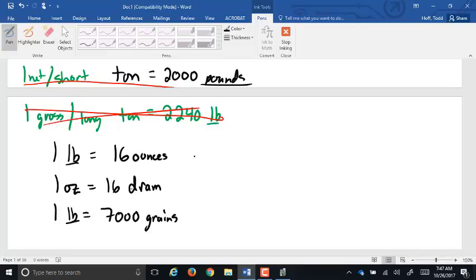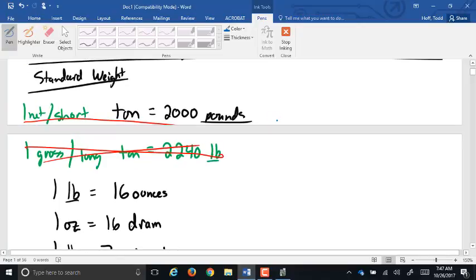Now, a little side note here. Because you hear it all the time on the radio or news, gold has hit $1,700 an ounce. Well, they're not talking about these ounces. We had talked about how King Edward declared his thumb and foot to be the official measurements. Other kings did the same thing at the same time. That's why the meter is not equivalent to our yard. The meter is equivalent to the Swiss yard.